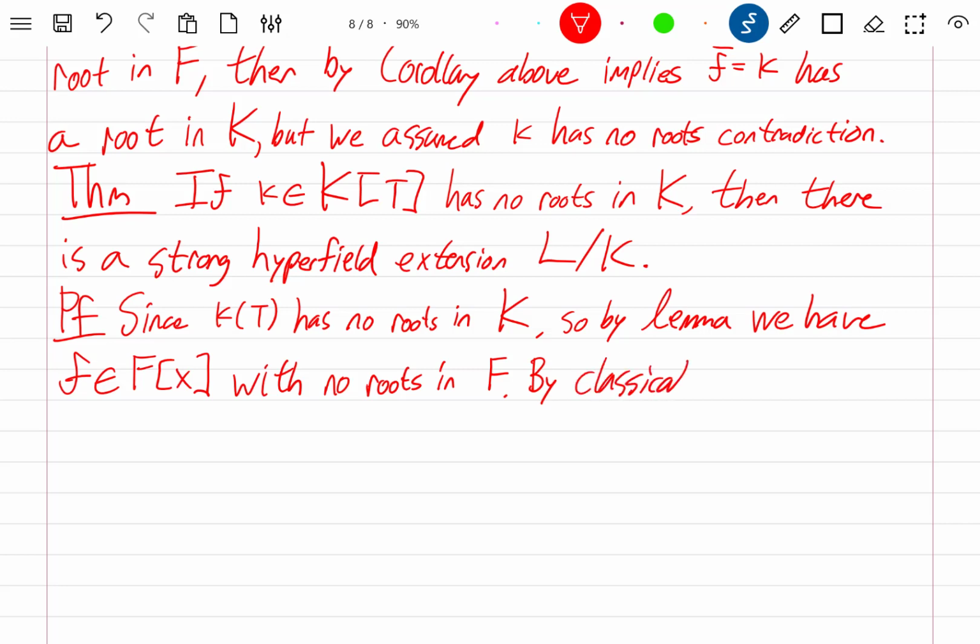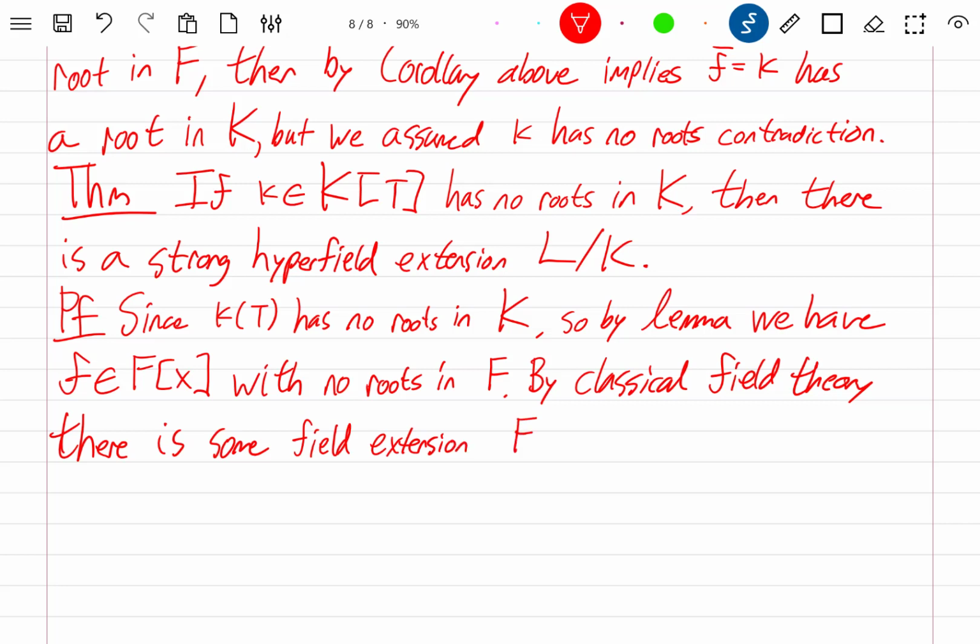So by classical field theory, there is some field extension, I call this F prime over F, such that f has a root in F prime. So I have extended my field to have a root.